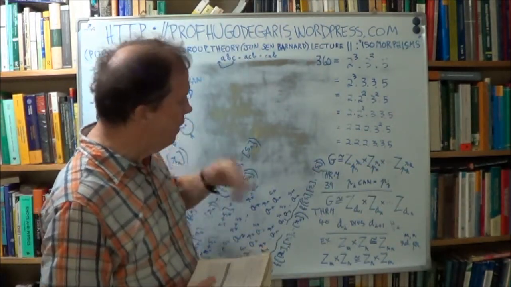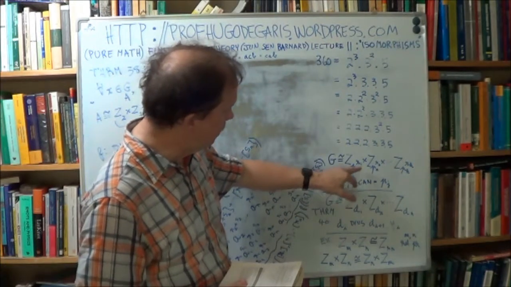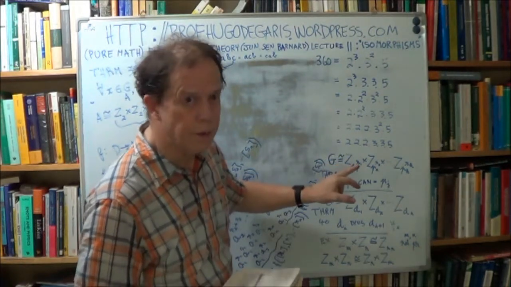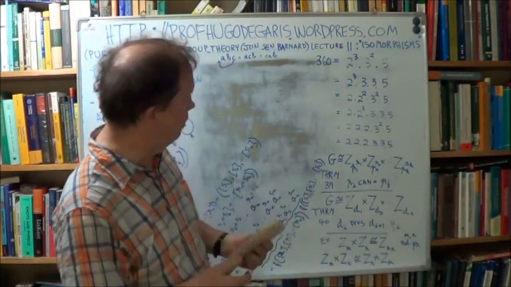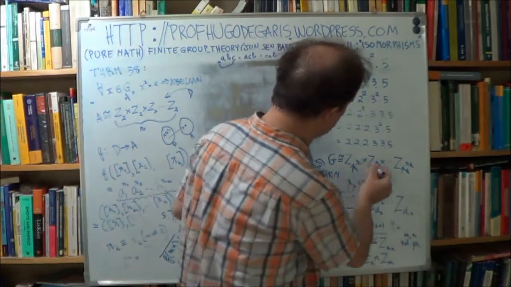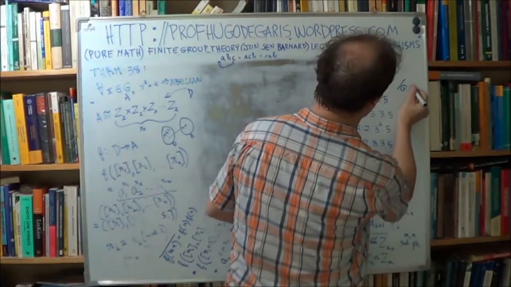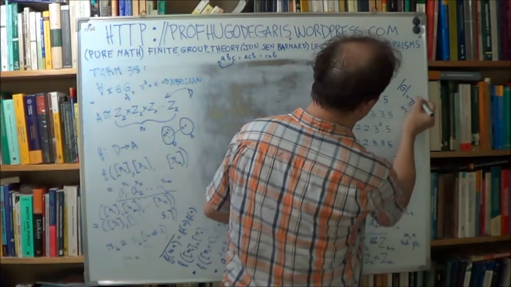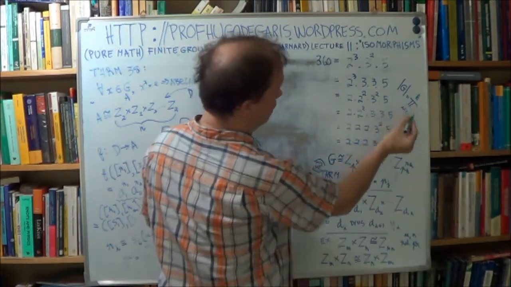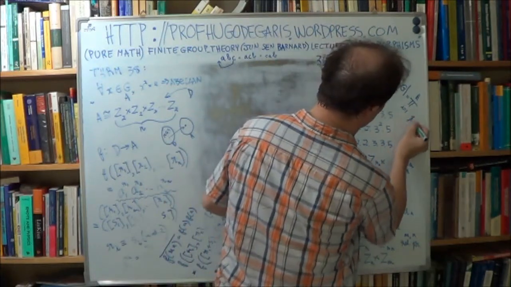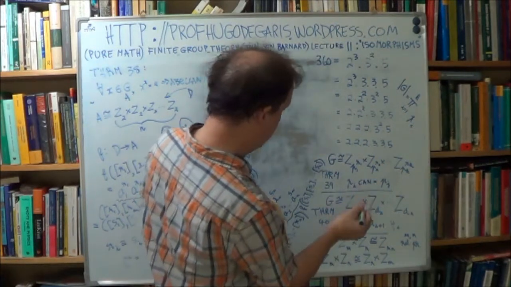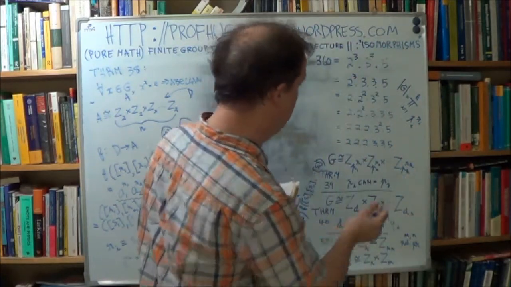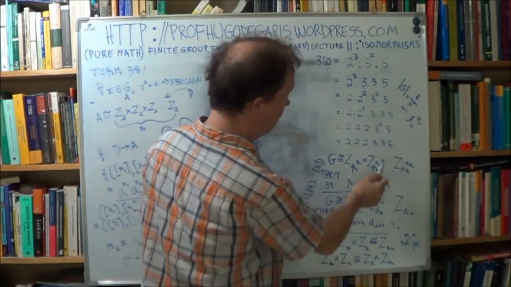Now, these p_i^r_i are factors of the order of G. So in a sense I can say the order of G is equal to the product, i from 1 to k, of p_i^r_i. Right? And you have k of these.